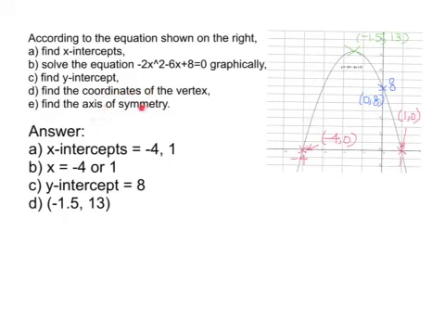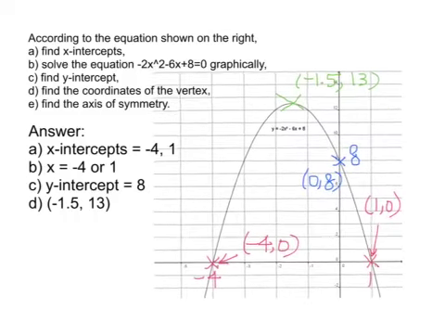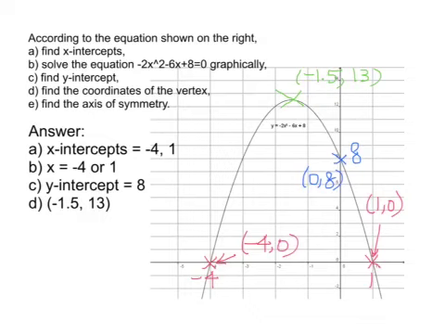Now if you go to the graph here, the axis of symmetry is the line that goes pretty much through the middle, right? This line is called the axis of symmetry. So this line in light blue is the axis of symmetry.